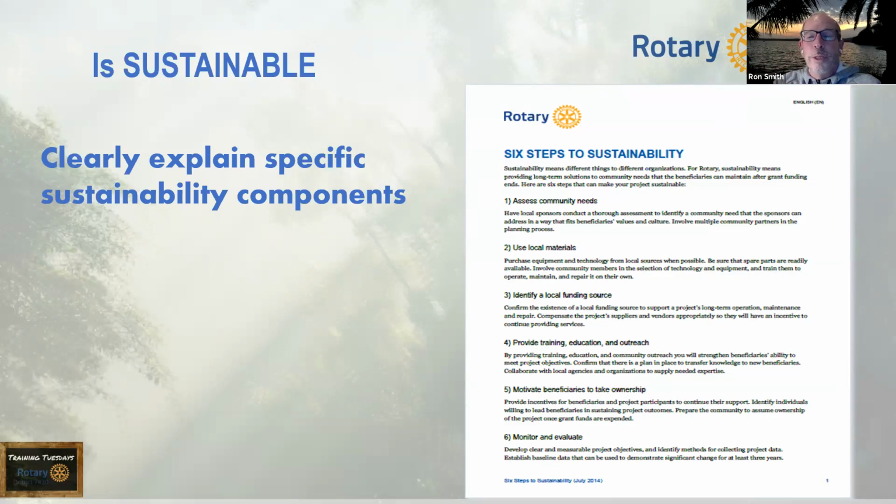The most important things are the 6 steps to sustainability: using local materials, having assessed the community needs, finding a local funding source, because really a key piece is when the project is finished and the Rotary funding is finished, does the benefit continue in the host country, in the community?